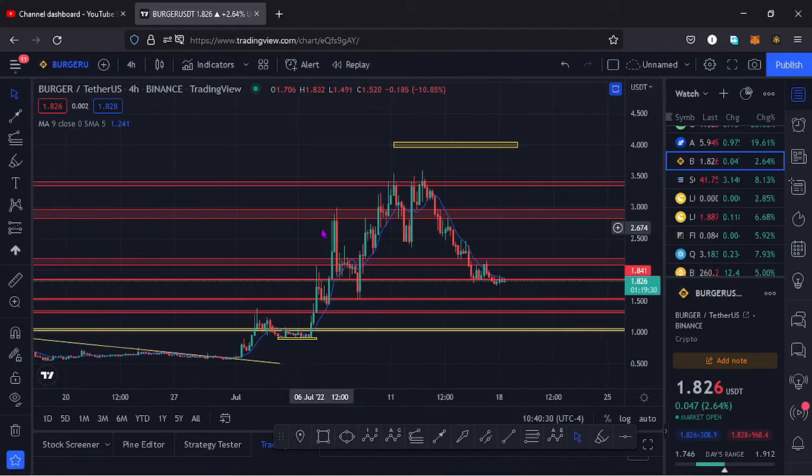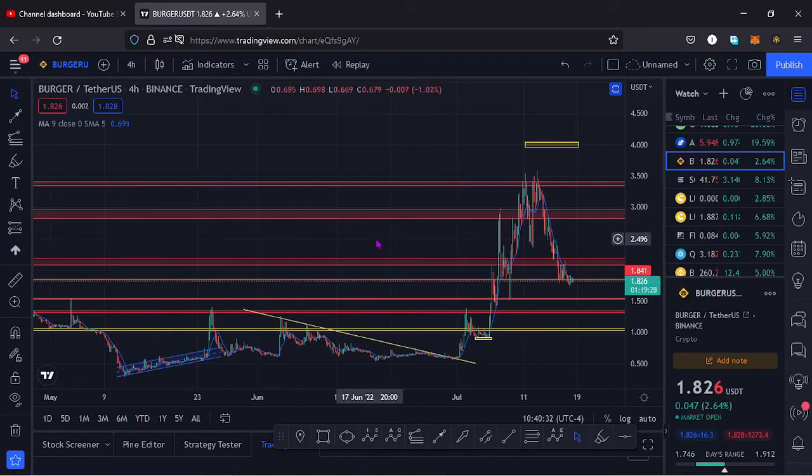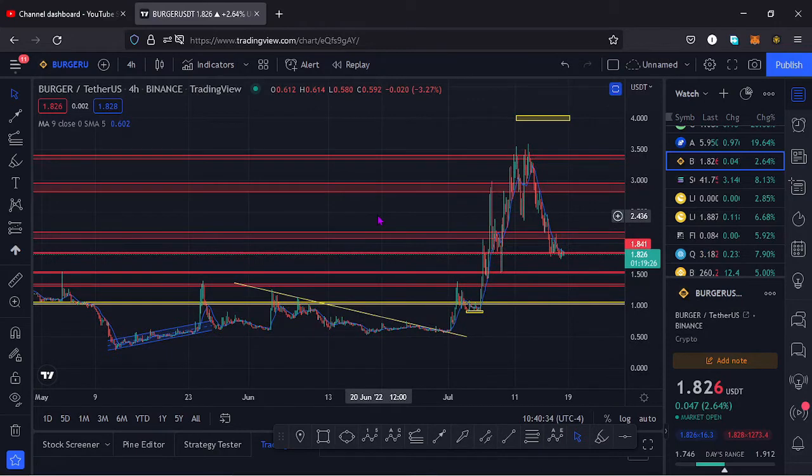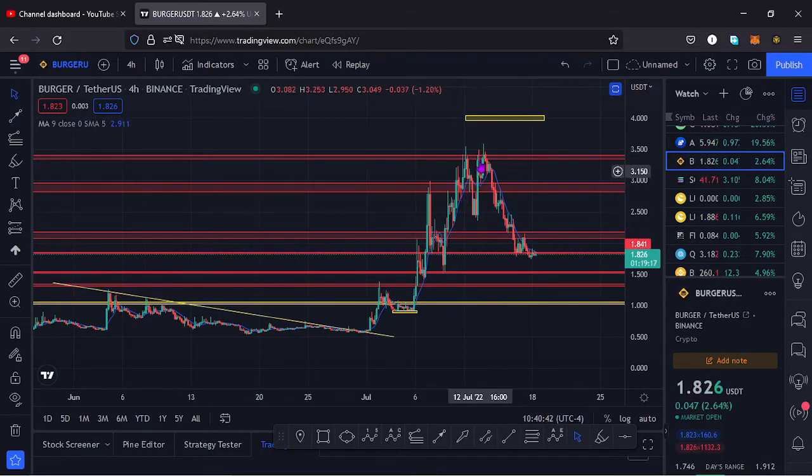And if we look at this chart from a wider view, you can see that from these lower prices we have been moving to the upper side very impulsively, and whatever is happening at the moment is a retracement of this movement to the upper side.